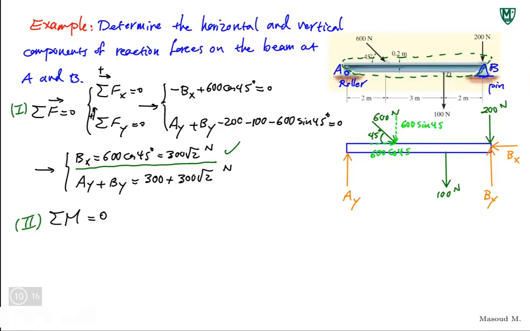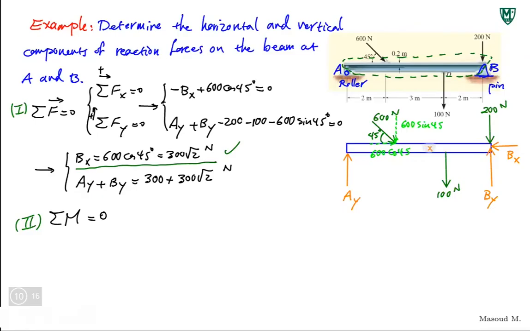The reason for that is I have the most number of unknowns there, or at least at this point, I can get rid of one of the unknowns. I could write the equation around any point, like somewhere in the middle of the beam, but then in my moment equation I would have both Ay and By.